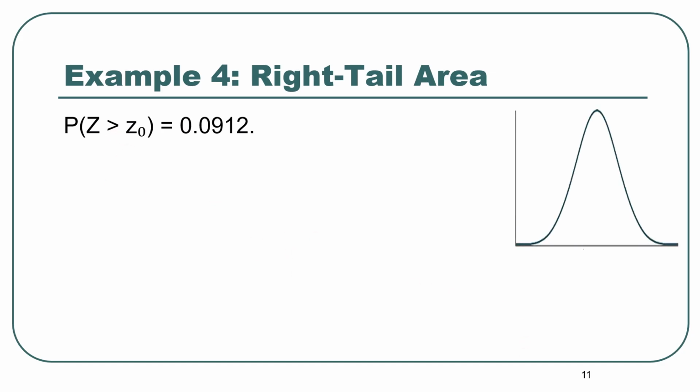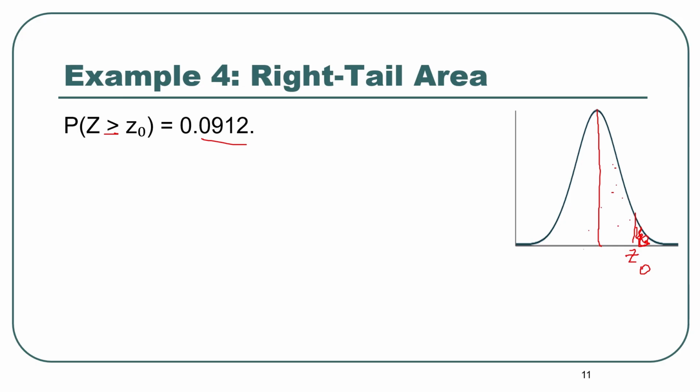It is a very small right area, so for sure it is on the positive side of my curve. So this is my z-naught. And I cannot enter my table with this right area. I need to get the left area, so I need to calculate that one.